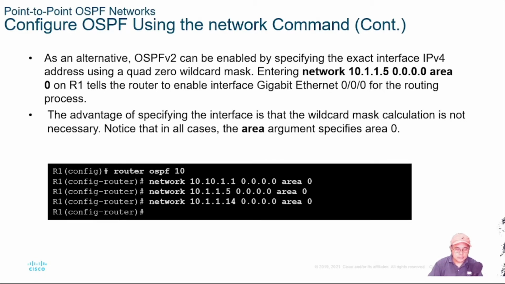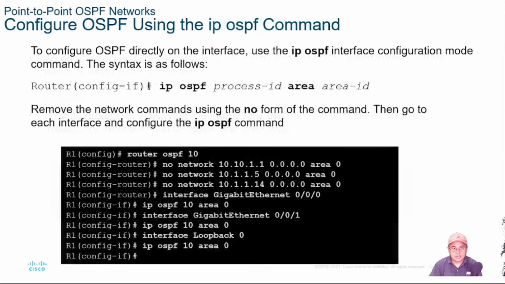The second method of configuring the network in a router to participate in OSPF routing is this one. To configure OSPF directly on the interface, use the command ip ospf plus the process ID, which is 10, and then specify the area ID.